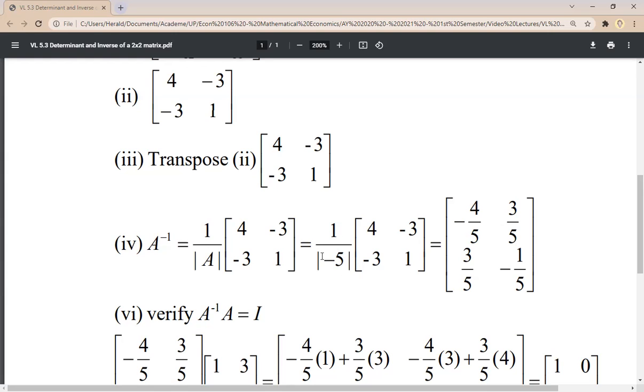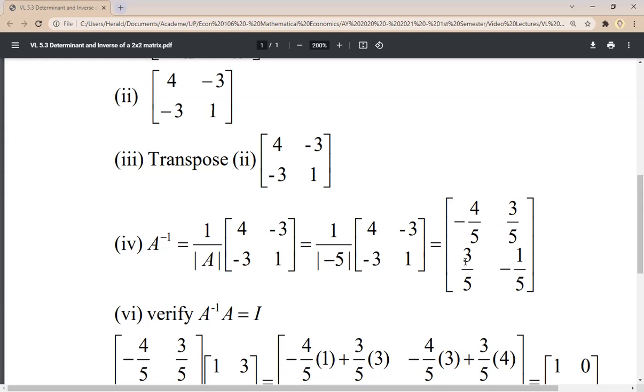So that is 1 over -5 multiplied to 4, multiplied to -3, multiplied to -3 and 1. So the resulting matrix would be equal to this. Okay, again, getting the inverse would mean multiplying the transpose to 1 over the determinant. And this is our resulting matrix here.